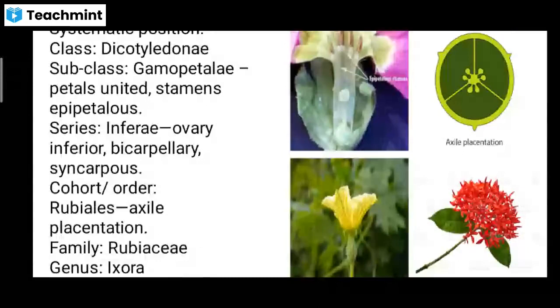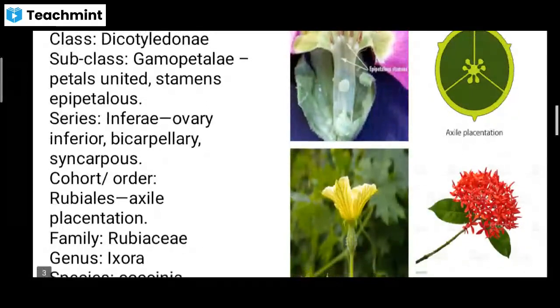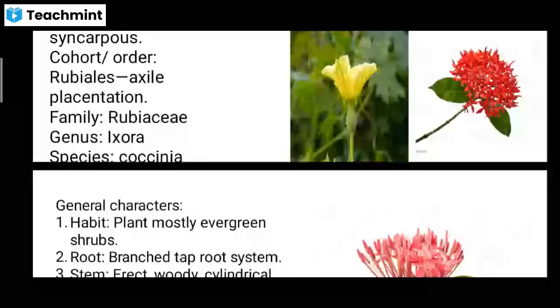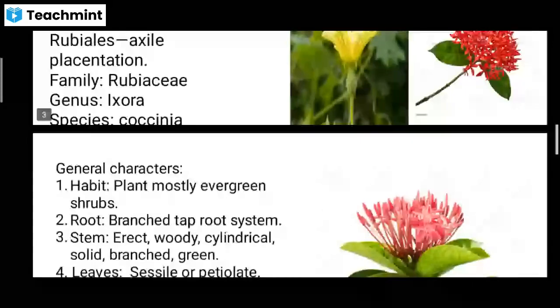That is axile placentation. Then family Rubiaceae, genus Ixora, and species coccinea. This is the flowering twig of Ixora coccinea. They come in different colors, that is red, white and pink.